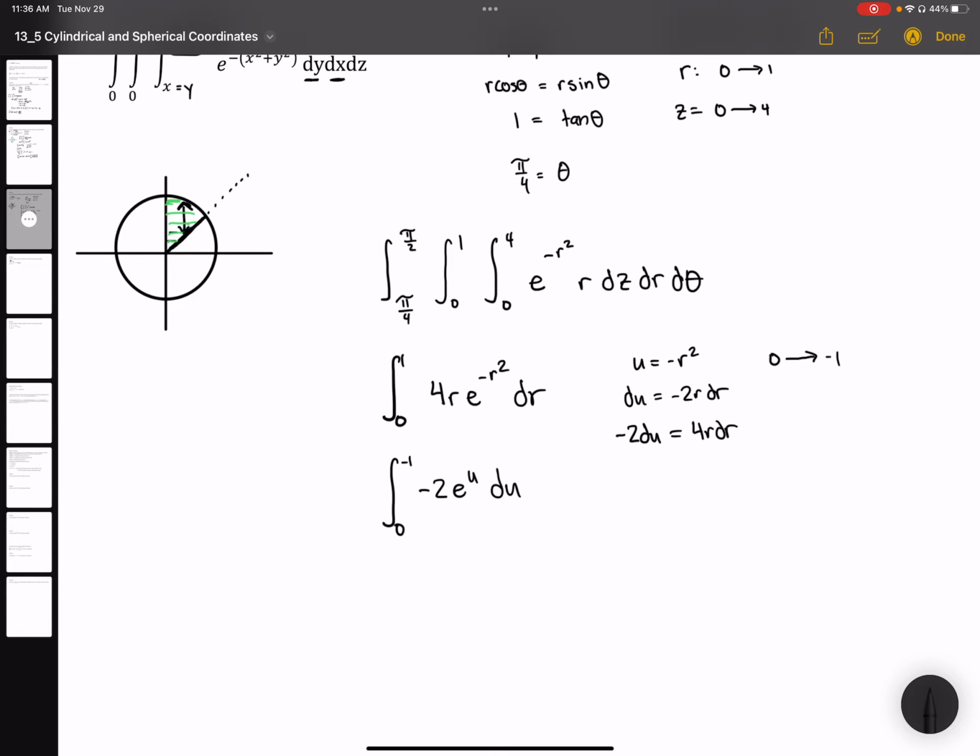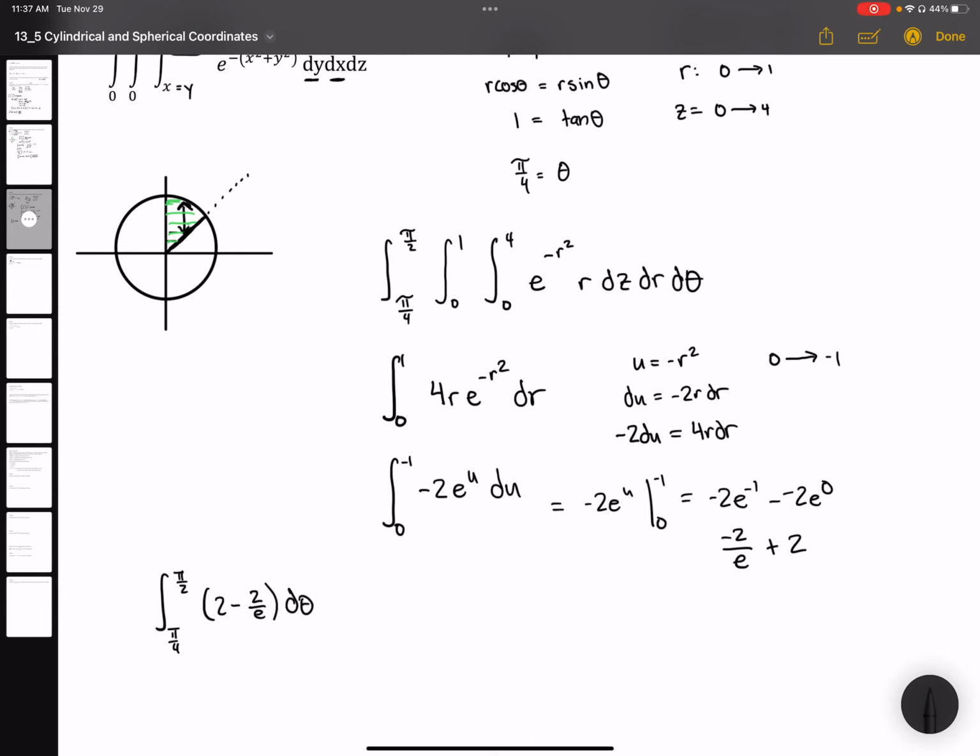And this is a straightforward integral. That's -2 e to the u evaluated from 0 to -1, which is -2 e to the -1 minus -2 e to the 0. So that's -2 over e plus 2. And then our final integral is from pi over 4 to pi over 2 of 2 minus 2 over e d theta.